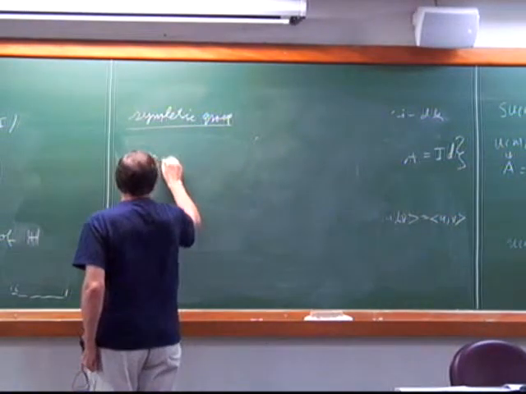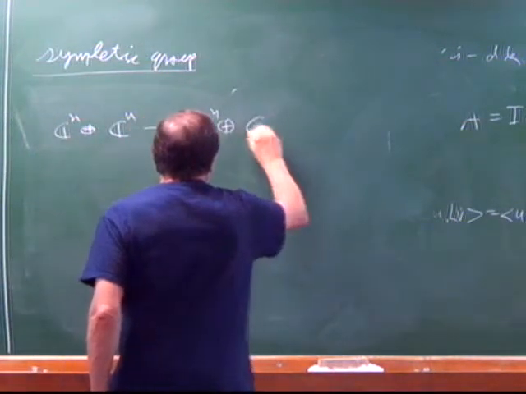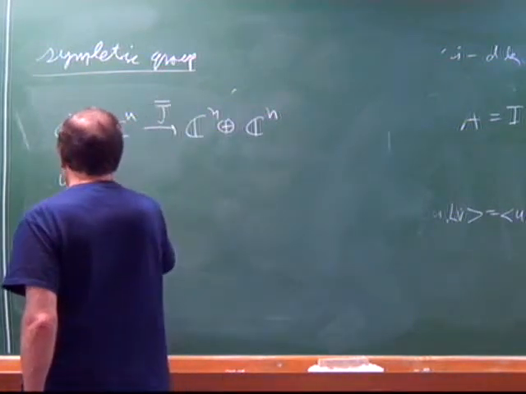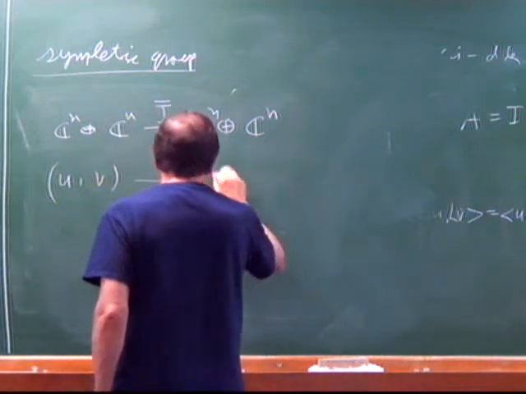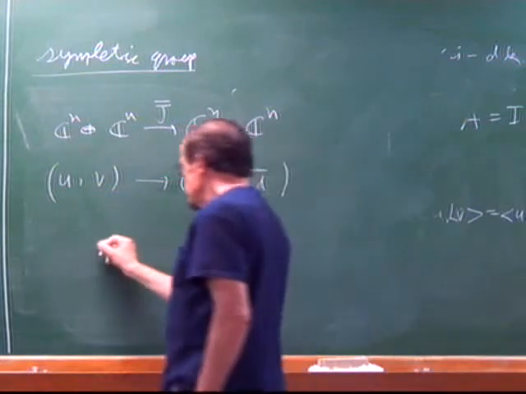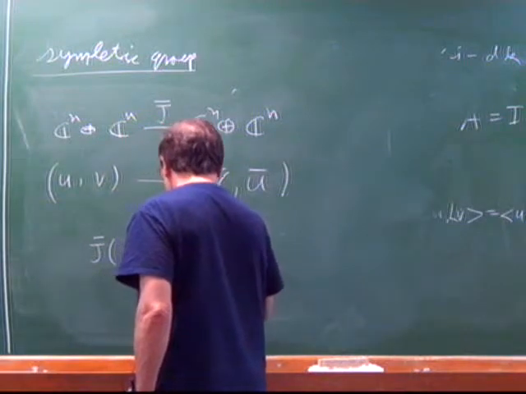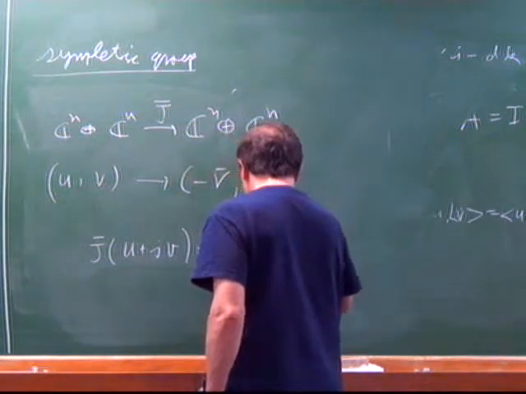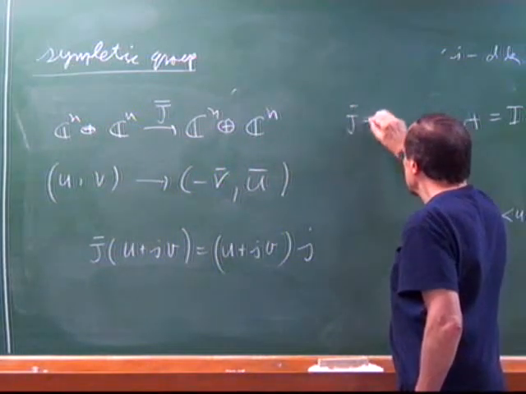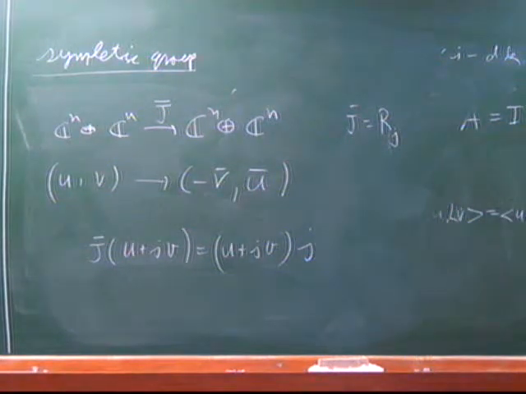So I've mapped from Cn plus Cn into itself, which I want to call J bar, which takes uv into minus v bar u bar. And I claim what J bar is simply right multiplication by J. So I could also regard J bar as right multiplication by the scalar J.